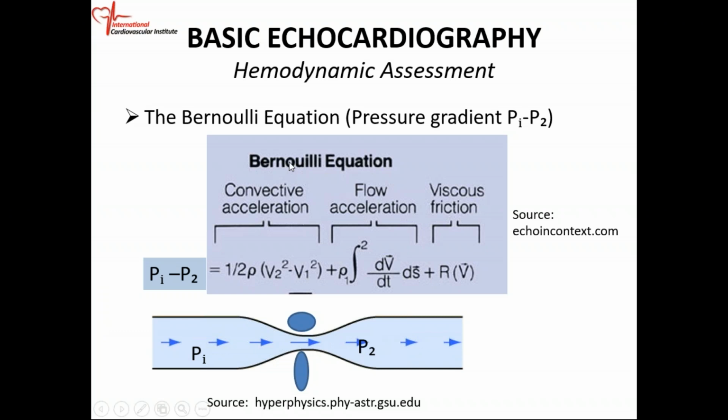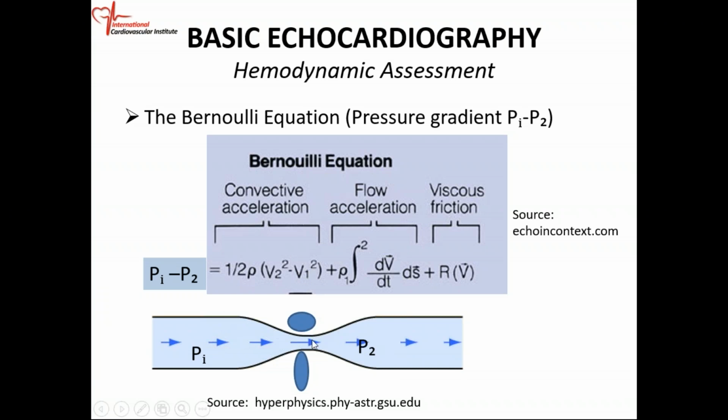And what Bernoulli did was to do a number of experiments to come up with this equation. Convective acceleration, flow acceleration, viscous friction. In the clinical scenario for blood, you can ignore your viscous friction, you can ignore your flow acceleration, and you're just left with your convective acceleration. If the area of narrowing is not very large, you can ignore V1. That's the velocity right there.